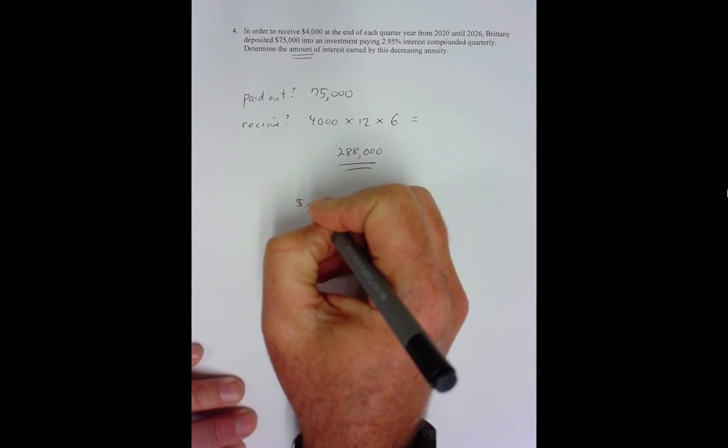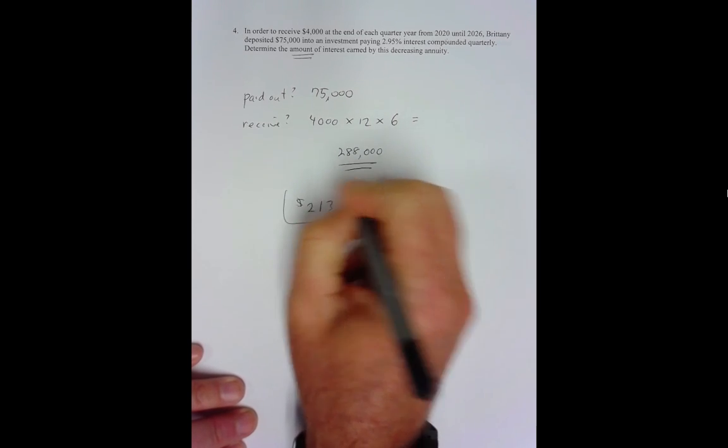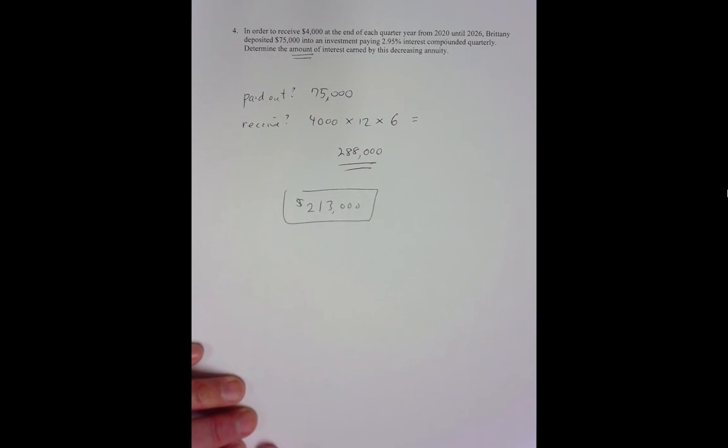On a $75,000 investment. Wow, she got some really good interest. I notice it says the amount of interest, not the rate of interest. So guys, all you got to do is just take this number and subtract that, and you get the amount of interest that was earned. So what is that, $213,000. Wow.